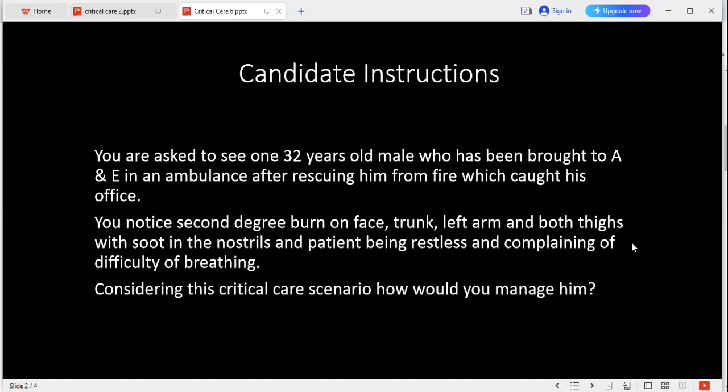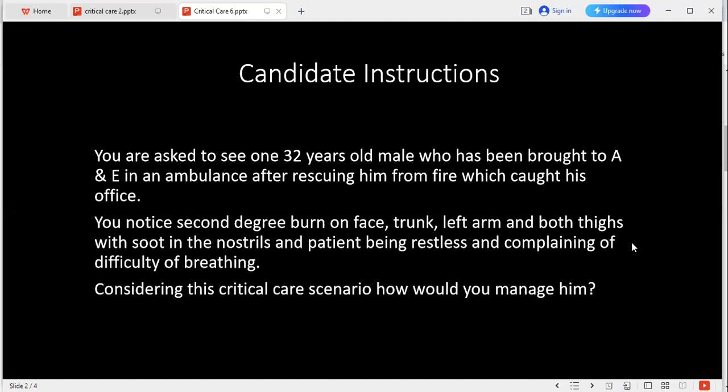All right, one more thing. If you look at the patient's degree of burn, how would you calculate the percentage of burn for this particular patient?